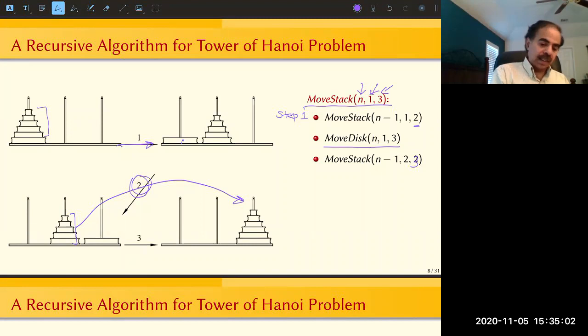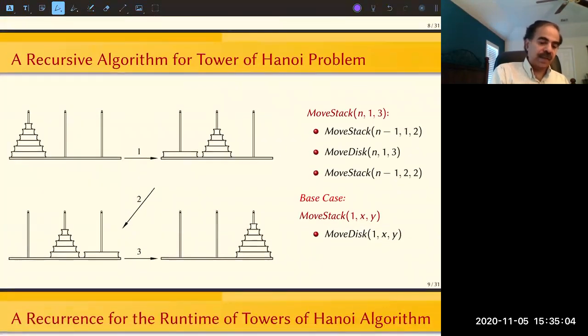Technically, we also have to define a base case, because the base case occurs when you have a stack of only one disk, right? In that case, these 2 moves are not applicable because you're trying to move a stack of size 0. So the base case is obtained by simply removing the recursive invocations of the same algorithm.